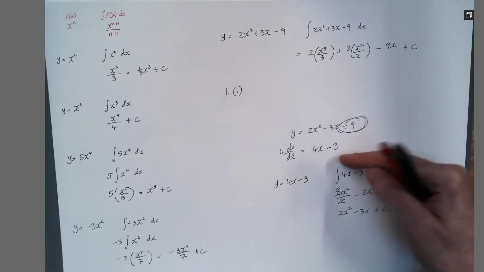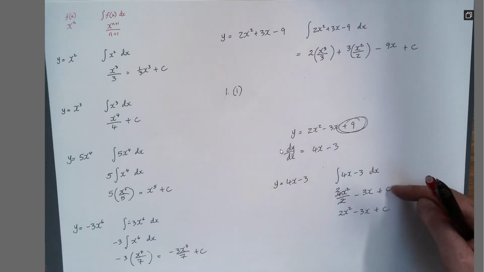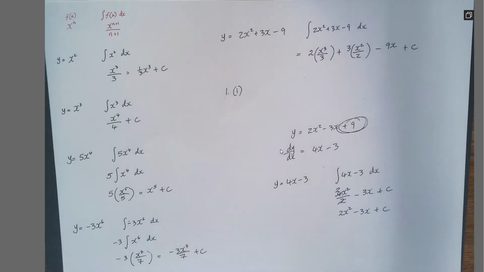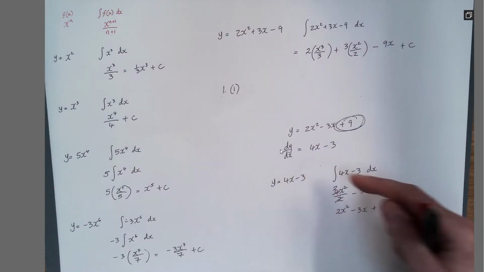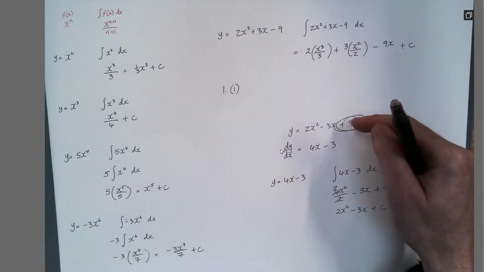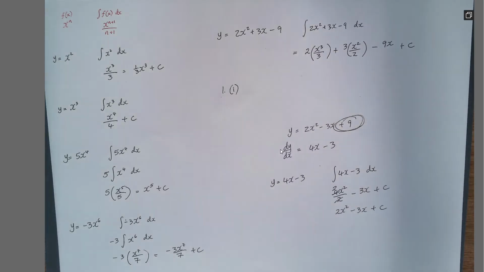When we differentiate, the constant disappears, so in reverse we don't know what it was. The c could be equal to 0, but we don't know. So therefore we have to add the plus c.